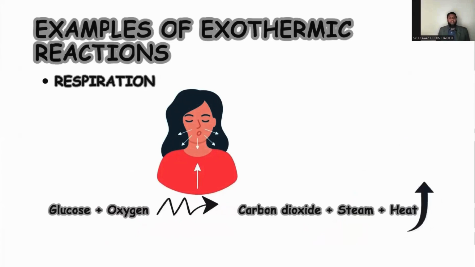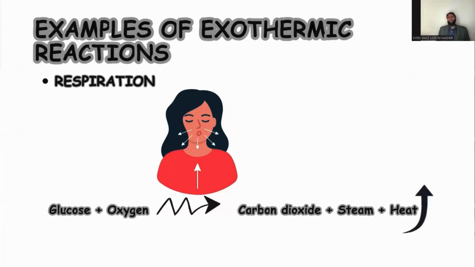Products of respiration are carbon dioxide gas and steam. And of course, energy is also released in the form of heat. This heat energy produced is the driving force for carrying out different chemical processes like digestion, excretion, as well as other chemical processes inside the body. Movement of muscles and doing any kind of work also uses energy.